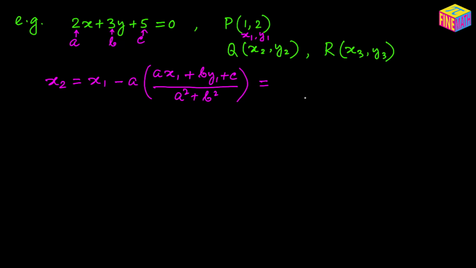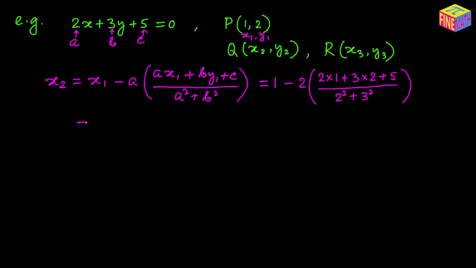So this will be equal to, what is x sub 1? That is 1, minus a, which is 2, times a is 2, x sub 1 is 1, plus b is 3, and y sub 1 is 2, plus c is 5, over a squared plus b squared, so it would be 2 squared plus 3 squared.